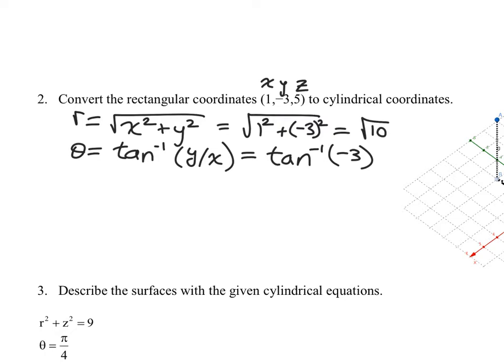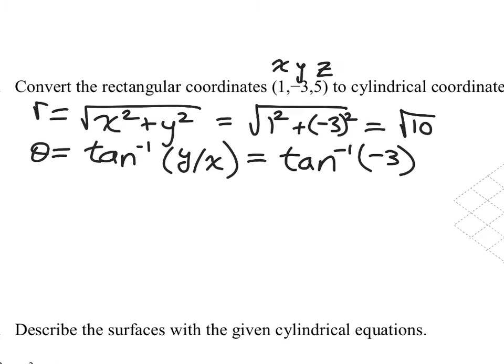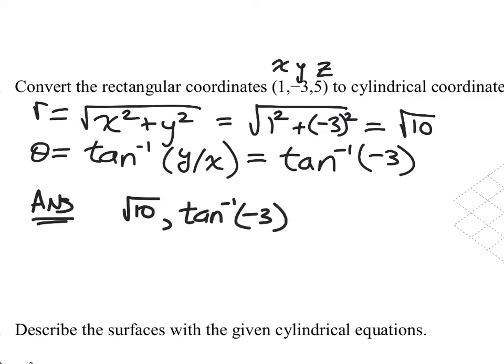And the couple of ways that you're going to express your answer are really strictly dependent on what you need the information for. All right, so one way to express your answer could be something as simple as saying the square root of 10, comma, the inverse tangent of -3, comma, 5. All right, because that's my r. This would be my theta.